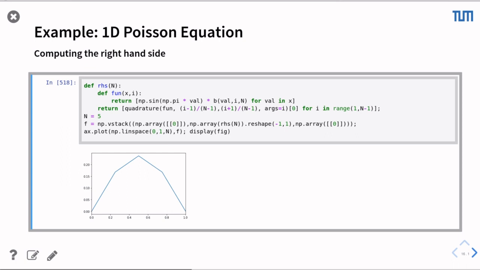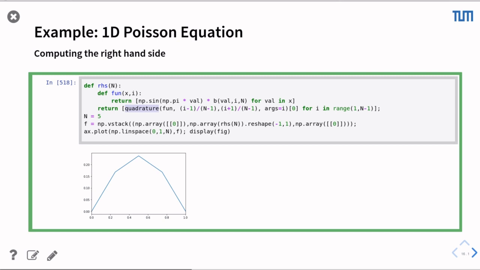Let's assume that as the right-hand side, we've just been given the function sine of pi x. Then what we need to integrate is just this function f times the basis functions, so this is the ith basis function, right? That's all we have to do.